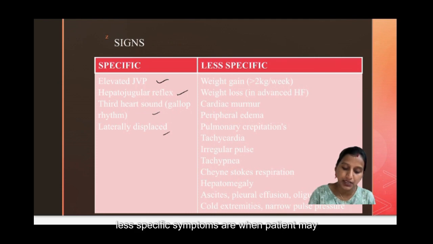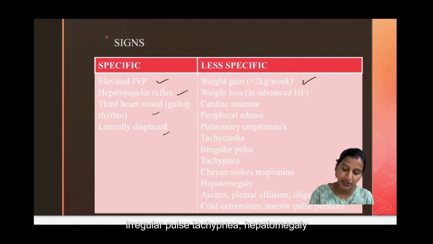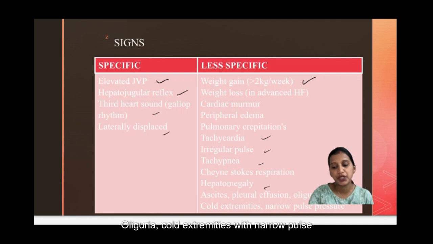Less specific signs are wherein the patient may have weight gain, which is 2 kg per week, weight loss, cardiac murmur, peripheral edema, and may have tachycardia, irregular pulse, tachypnea, hepatomegaly, ascites, pleural effusion, oliguria, and cold extremities with narrow pulse pressure.